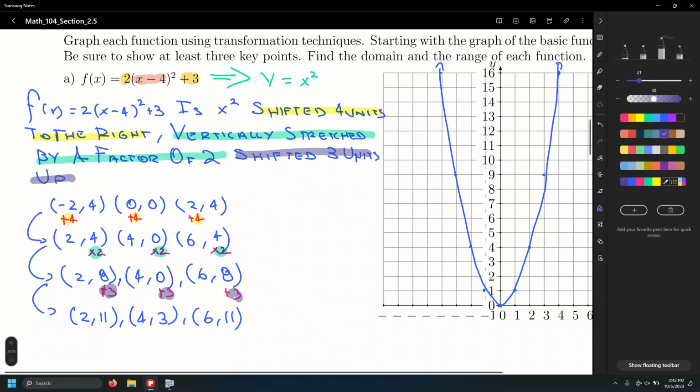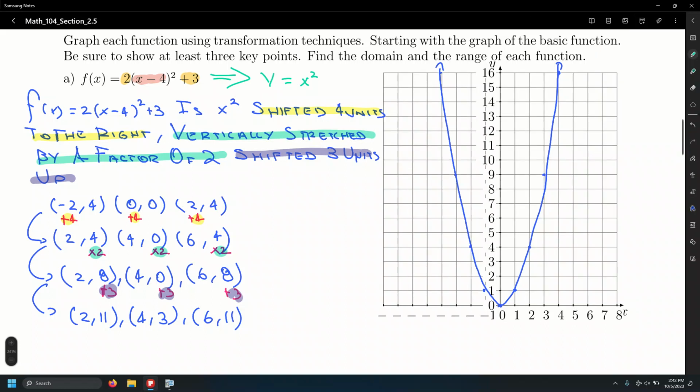Now let's use a different color to plot the graph of that function. Let me use green. So I'm going to go 2, comma 11, and then 4, comma 3, and then 6, comma 11. And that's going to give us this parabola right here.